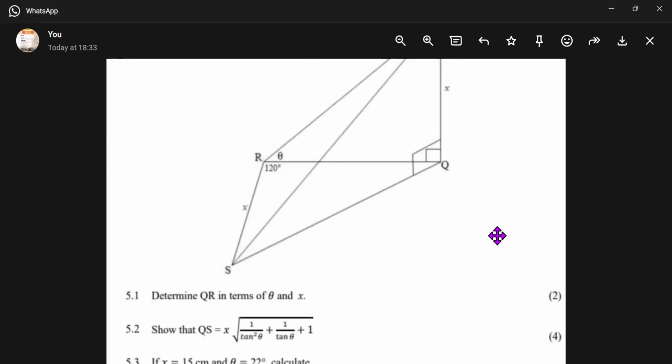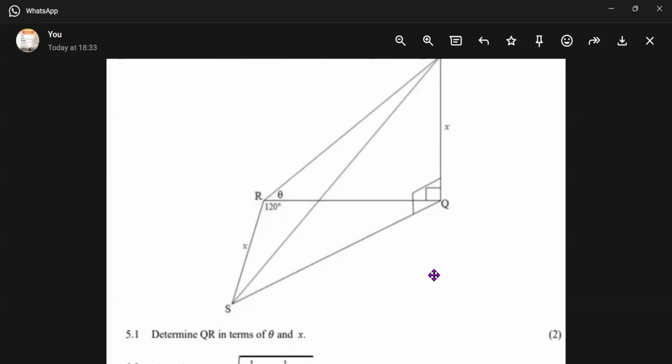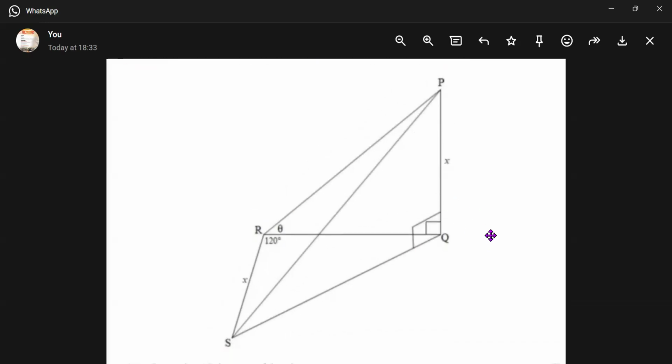All right. Now then, the first question is saying, please determine QR in terms of theta and x. And when we look at QR, it is the adjacent side with respect to theta. And PQ is the opposite side. So this means we just need to find a trigonometric ratio that relates RQ to PQ.